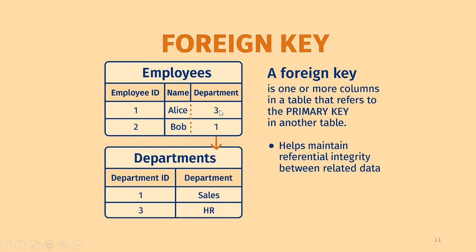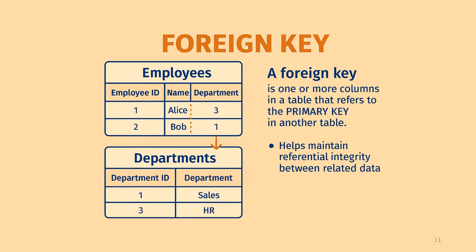In order not to be confused with the departments, because maybe here I will add for the employee 1 department 4, but look in the table of departments, we don't have any department number 4. This will cause problems.